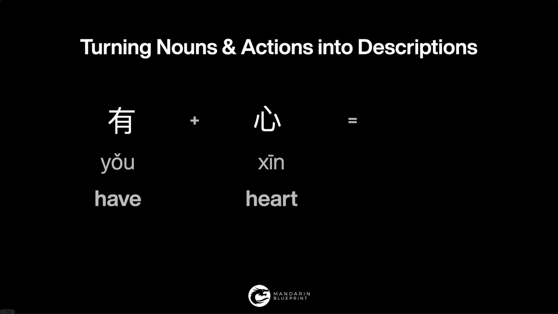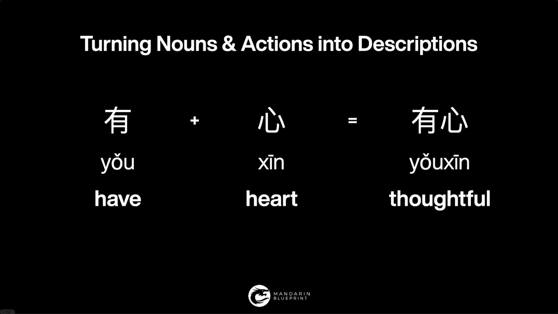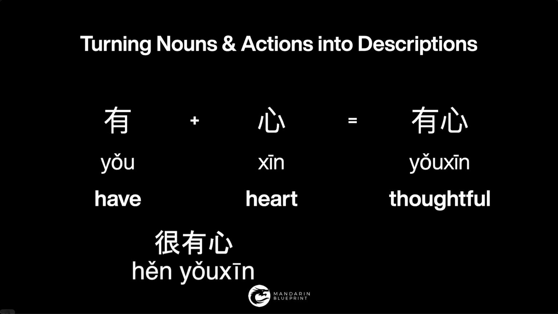So 有, have, exist, definitely a verb. 心 is heart, definitely a noun. 有心 means thoughtful. So when you have a heart, when you have your thoughts, that is now thoughtful.